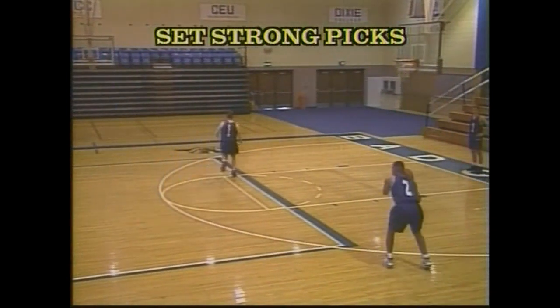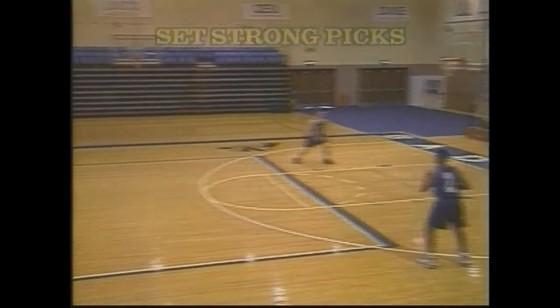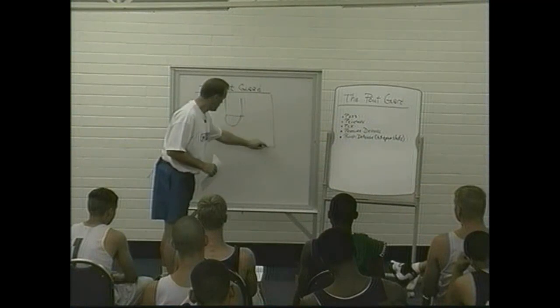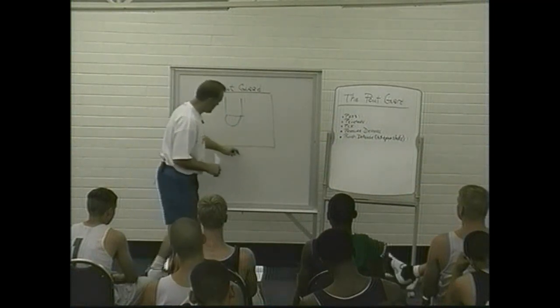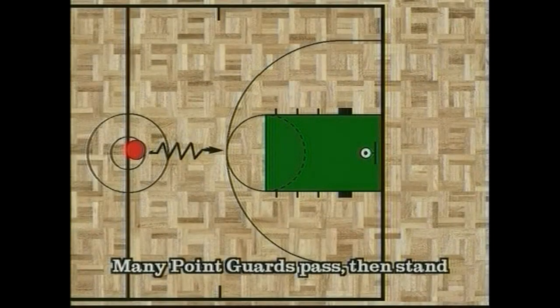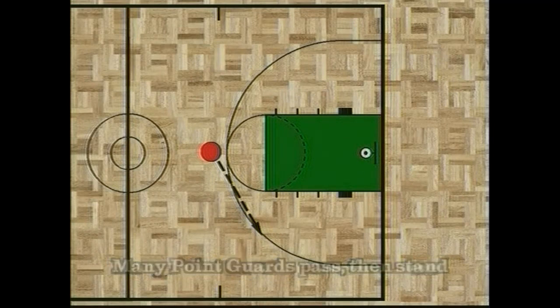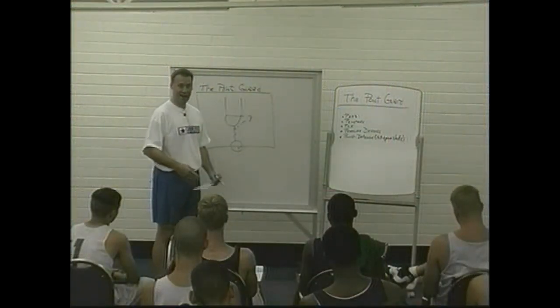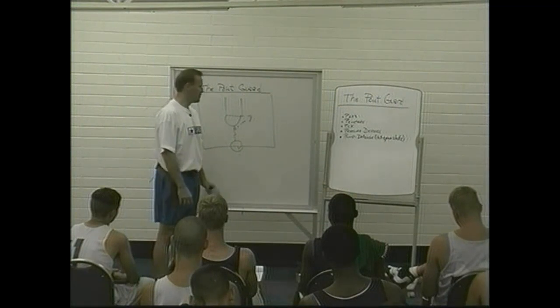While we've been going through camp, typically we've been talking about point guards coming up, and what we're seeing in camp mostly is point guards are coming here, passing the ball to the wing, and then what are they doing? They're eating popcorn. Oh, okay, I got the ball delivered.